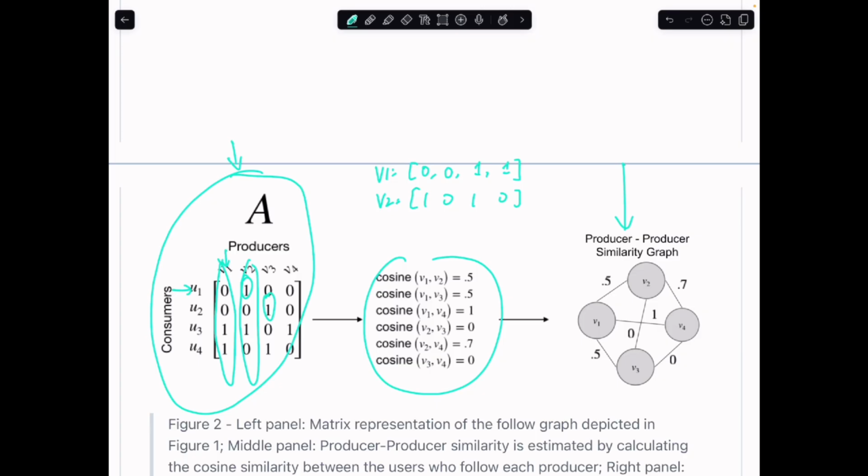When you compute the cosine similarity, you get 0.5 here. As you can see, it uses the follower vector to compute the similarity between the two producers. To recap, in step one the input is a bipartite graph, and the output is a smaller-scale unipartite graph that only has producer entities.